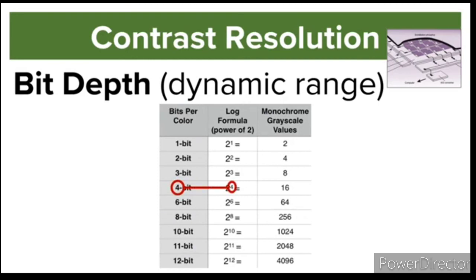With classic film radiography, there are about 1,000 different shades of gray, but with digital radiography, there are about 16,000 different shades of gray. This is one of the greatest advantages to digital radiography over classic film radiography.